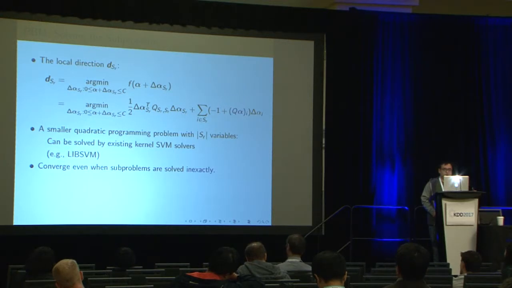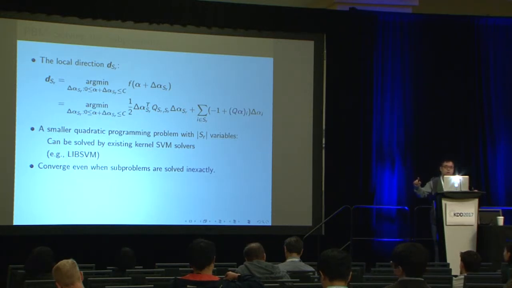Later we also show in the theory that you don't need to solve this subproblem exactly. In distributed optimization, typically you want to do some local updates and then some global updates. So we show you just need to solve this approximately in order to get linear convergence.